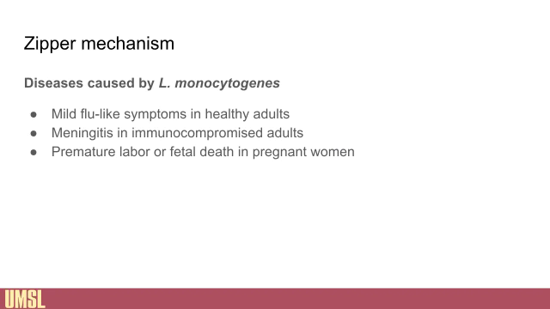So with that, diseases caused by Listeria. For all of us in this room that are normal, healthy folks, you'll get flu-like symptoms and you'll get really bad diarrhea. And if you were immunocompromised, one of the things that would emerge for you with a Listeria infection is that it is really particularly bad at inducing meningitis in immunocompromised adults.